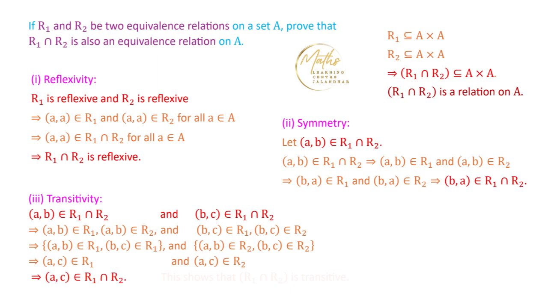So this proves that R1 intersection R2 is transitive. We have proved that it is a relation, it is reflexive, it is symmetric, it is transitive. So R1 intersection R2 is an equivalence relation on A.